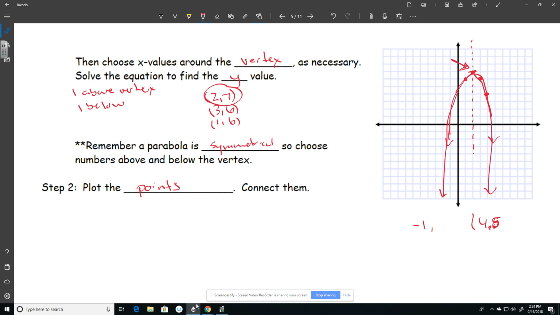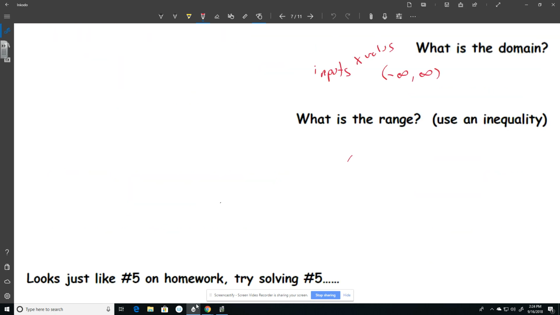So that point is the biggest y value I can get, y equals 7. So for my range, the lowest that y can go is -infinity. That graph is going to go down forever. But the biggest y value I can get is exactly 7. So I'm going to put a bracket there because it can be 7, but that's the biggest that it can be.